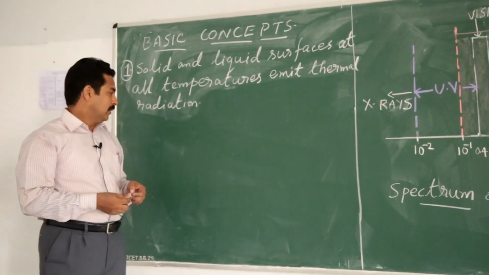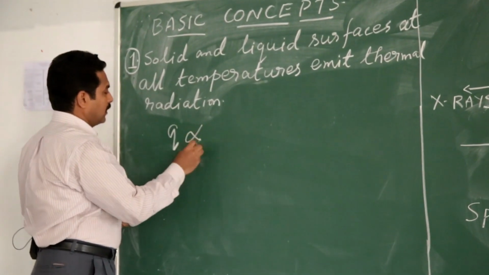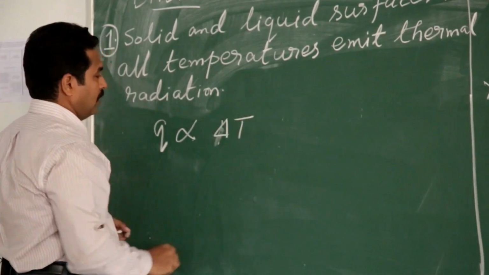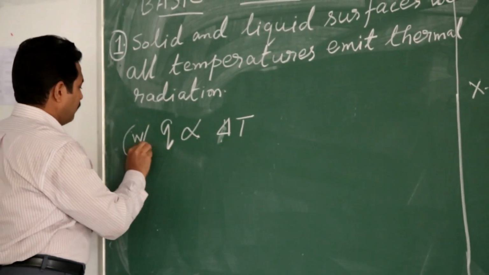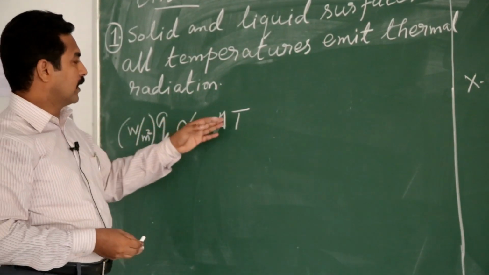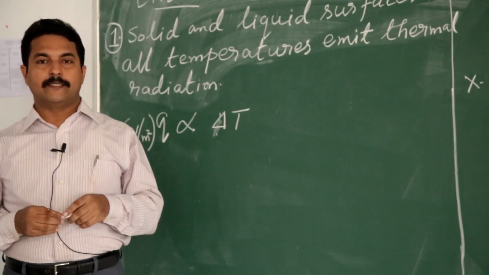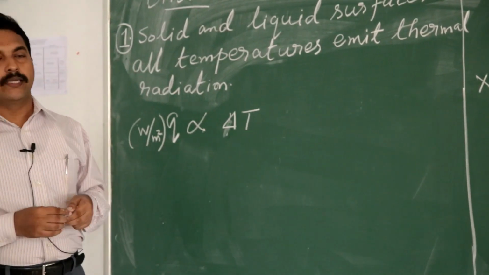We studied in conduction heat transfer that heat flux q, in watt per meter square, is directly proportional to the change in temperature, delta T. The fundamental law is Fourier law of heat conduction.